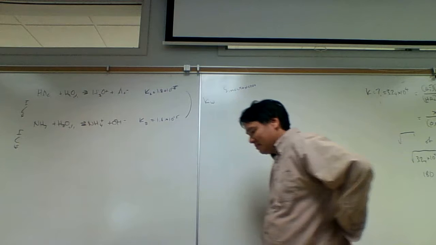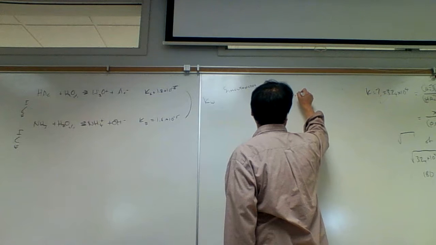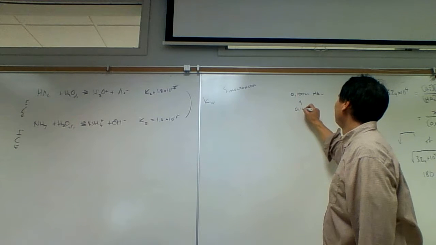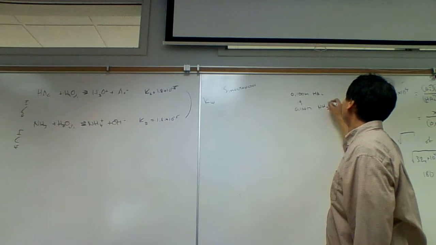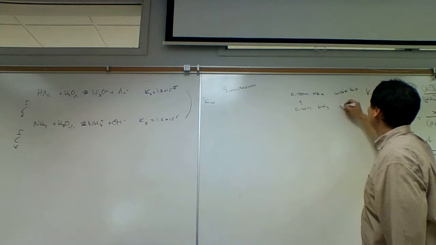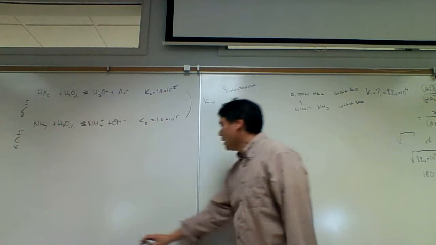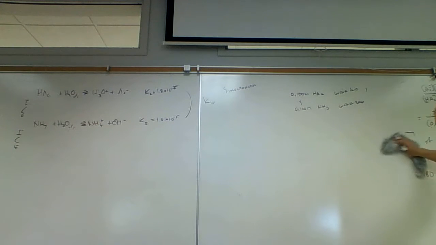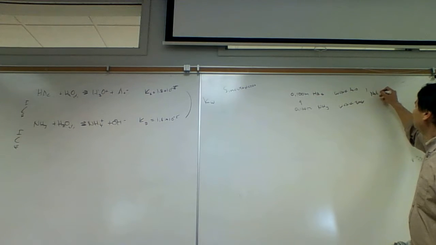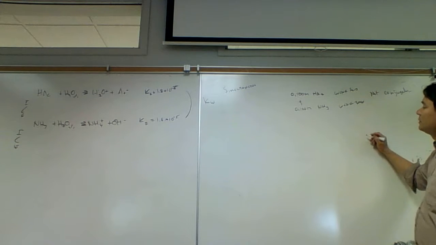In fact, I could have skipped all that stuff. If I had a 0.100 molar acetic acid, weak acid, and a 0.100 molar ammonia, I would recognize this as a weak acid, weak base combo. A weak acid, weak base combo like this that are not conjugates of one another must be solved simultaneously.